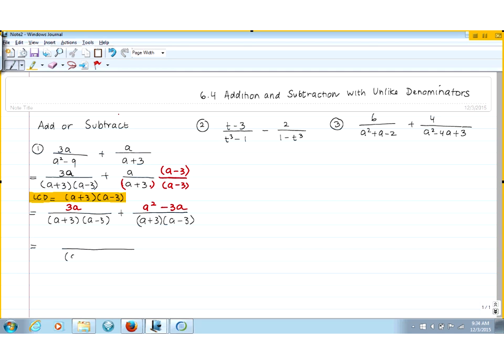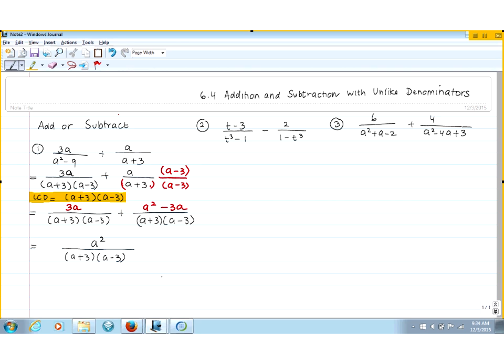Because I have a common denominator, which is a plus 3 times a minus 3. So what do we do to the top? We just add them. If I add 3a plus a squared minus 3a, what will I have? A squared. Yes. Then we are done. I can't do anything else here. We can't cancel.